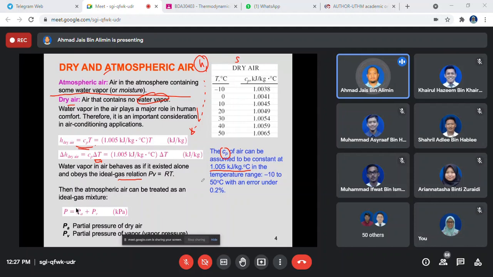So one of the assumptions that you can put down in your answer script is that if you are calculating the enthalpy of dry air, then you make the assumption that the Cp value is 1.005 kilojoule per kilogram degree Celsius. Then the next challenge is for you to determine what is the temperature.